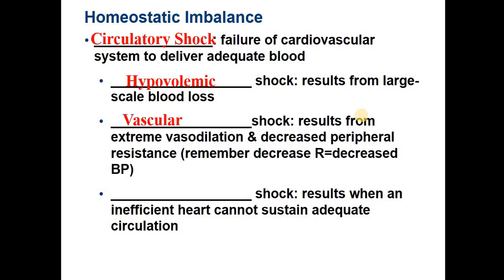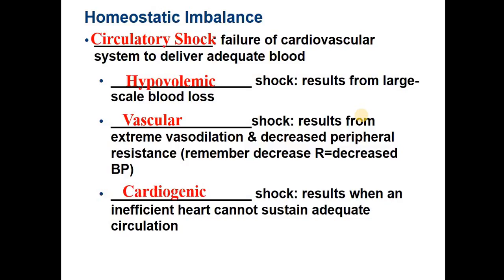Another way is vascular shock. This results from extreme vasodilation and decreased resistance. So if you decrease the resistance, remember, you're going to decrease blood pressure. So blood pressure can drop pretty low and cause circulatory shock in that manner. Another way is cardiogenic shock.